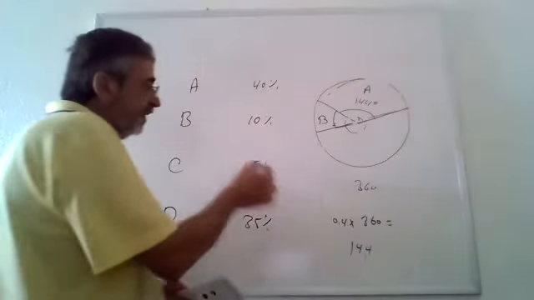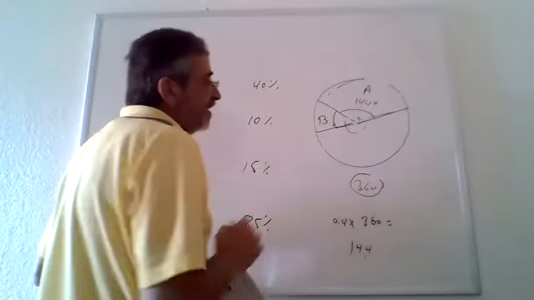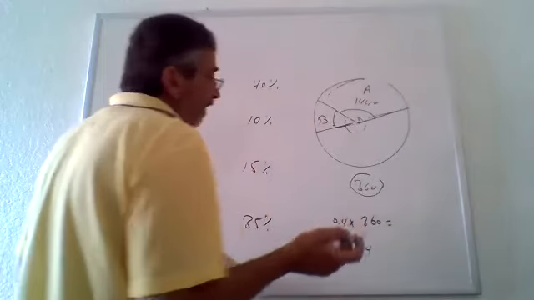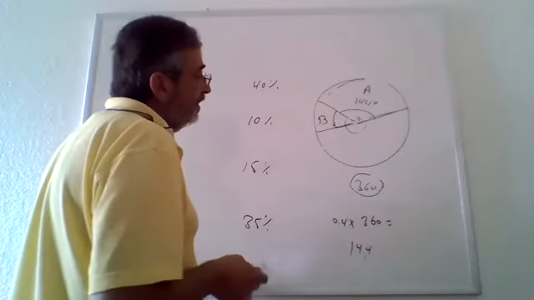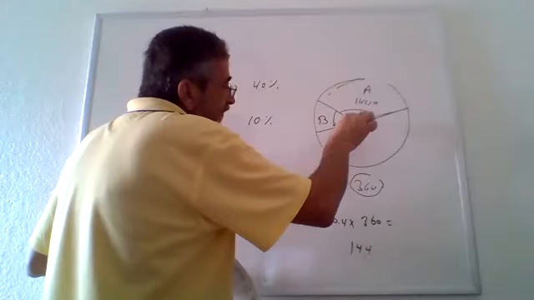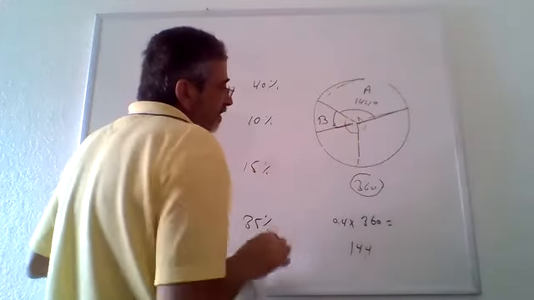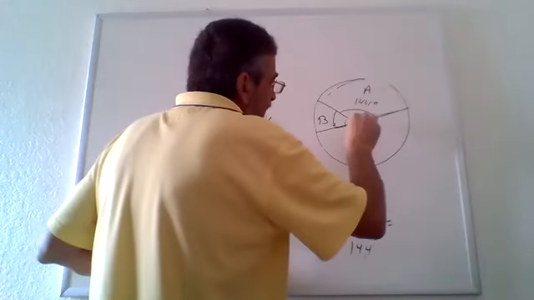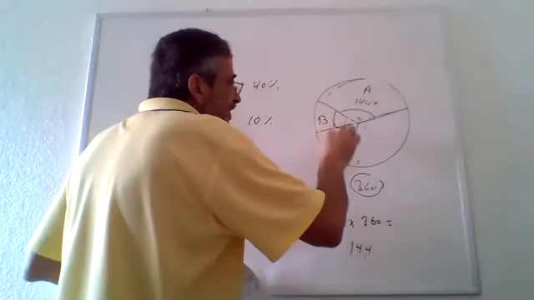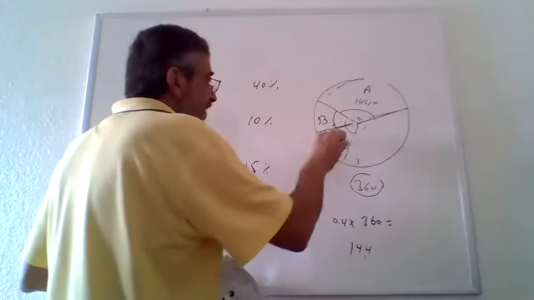If I multiply 15% by 360, that should give me about 36, 40 some. So I'm just going to make it 40, about that much. And whatever this number is, that's going to be C.